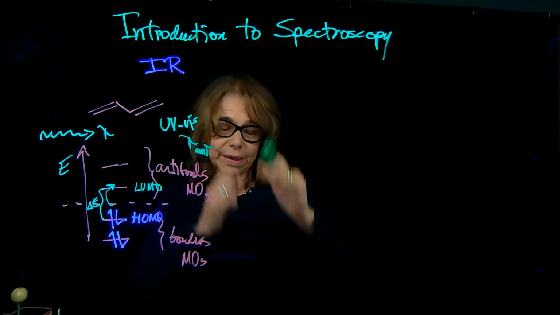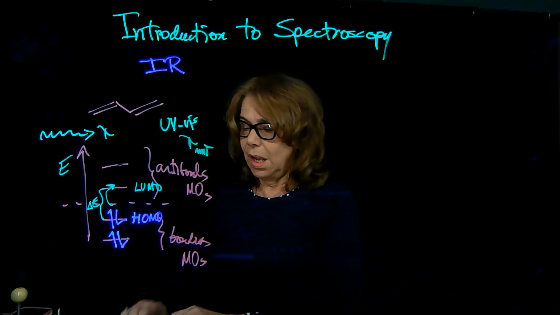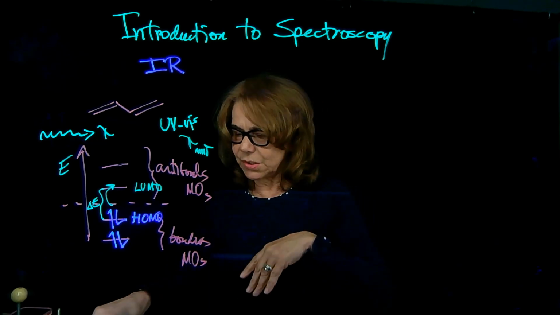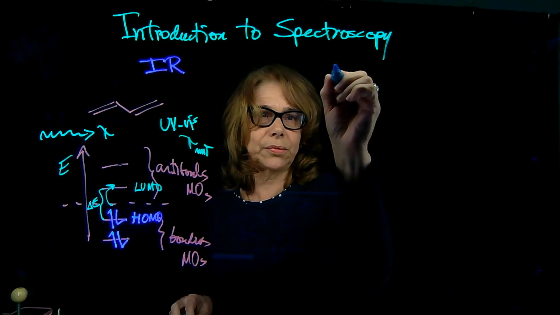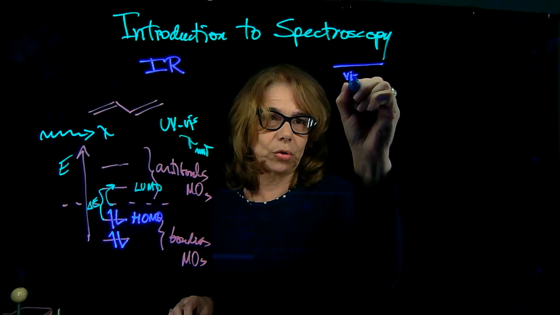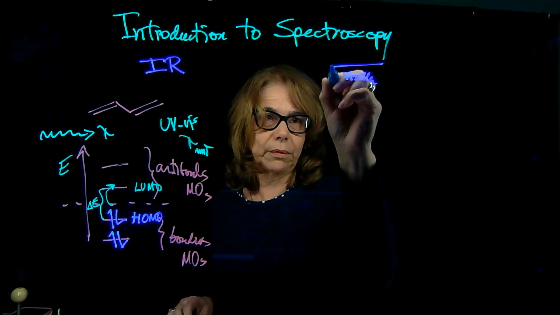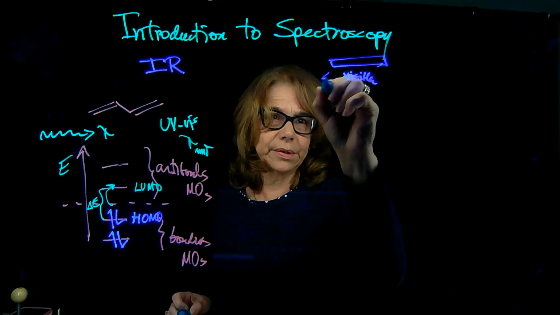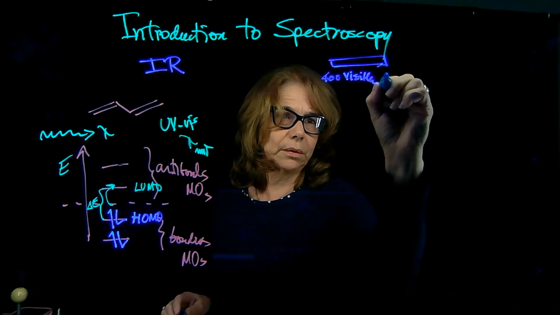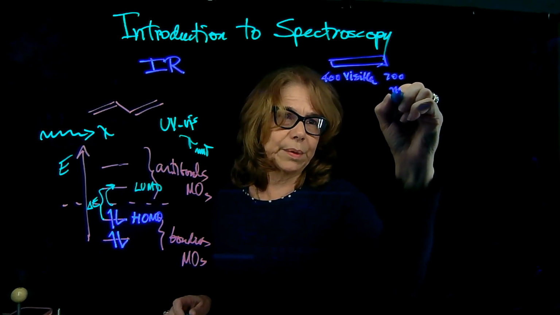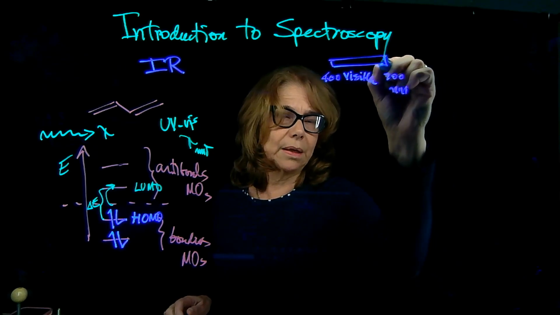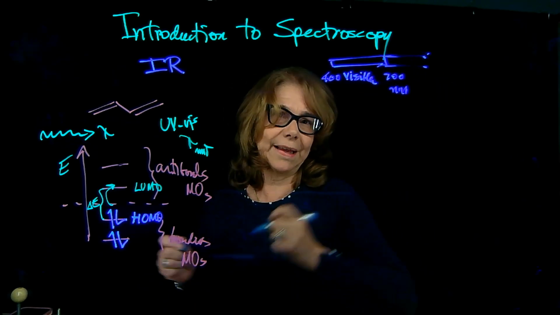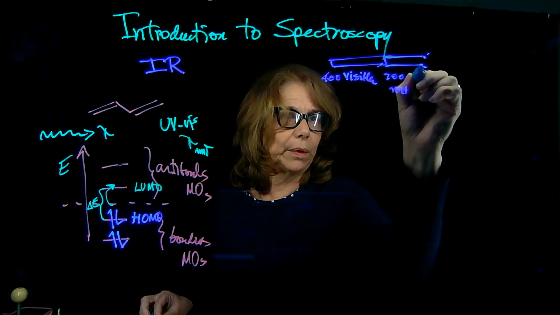Now, when we are in IR, we have light that is of less energy. In the spectrum, this is the visible range, 400 to 700 nanometers. Below that, we have the infrared, which has longer wavelengths.